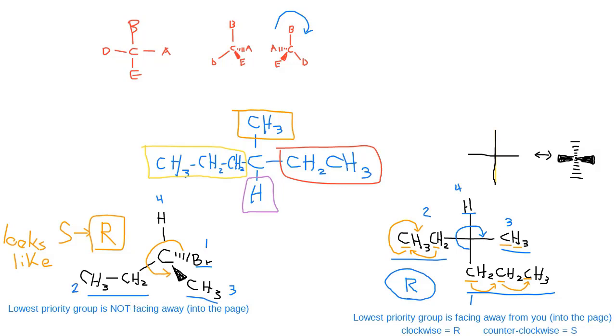So if the lowest priority group is not facing away into the page, then that designation flips. If the lowest priority group is coming out, then clockwise would be S. Generally speaking, professors will say always make sure the lowest priority group is facing away from you, and then R is clockwise, S is counterclockwise.